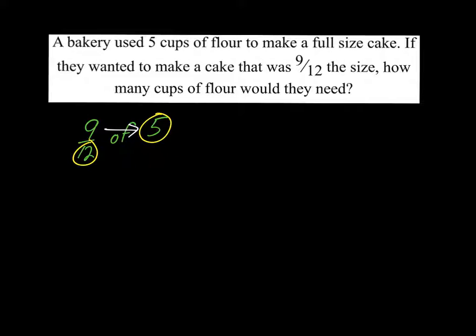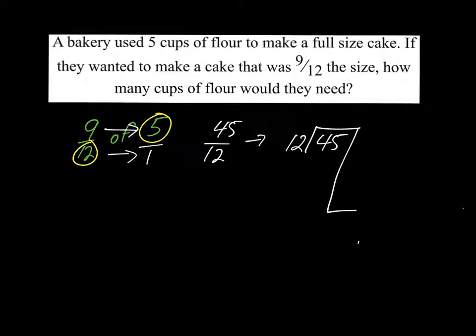We multiply straight across, we get 45 for our numerator, and for our denominator, you can put that 5 over 1, and 12 times 1 is 12. Now we have 45 twelfths. Plug that into a division problem, and it goes in 3 times, 36, with 9 left over. 3, remainder 9.